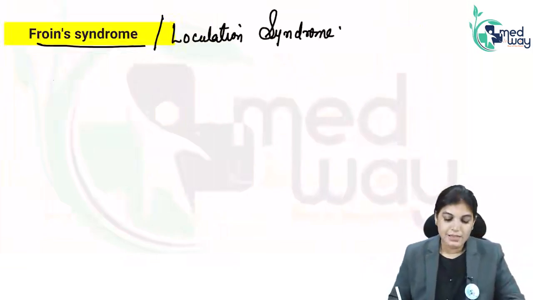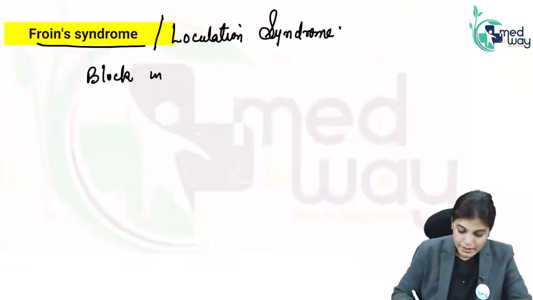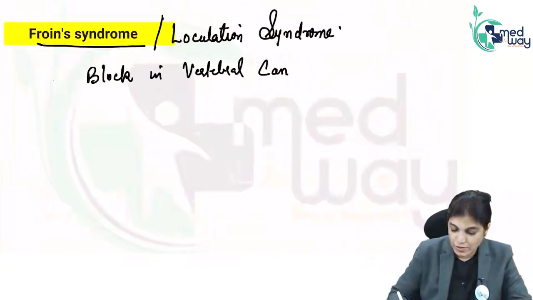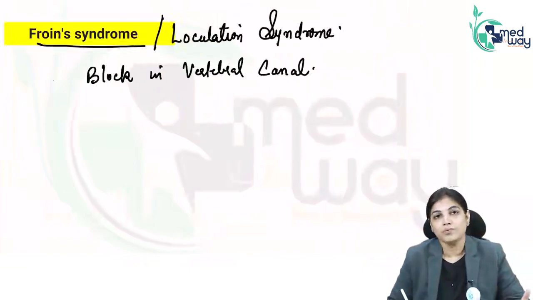Actually this is happening because of a block in the vertebral canal. Because of the block in the vertebral canal, this will prevent the flow of CSF passing below the obstruction.